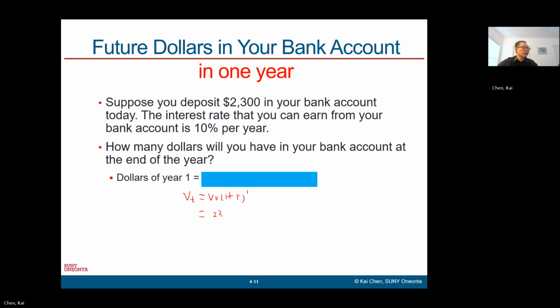That is $2,300, times 1 plus R. R is interest rate, that is 10%. In decimal, that is 0.10, raised to the first power, that is 1. Then we can get the ending value of this variable, or the dollars in your bank account after you hold your bank account for 1 year.